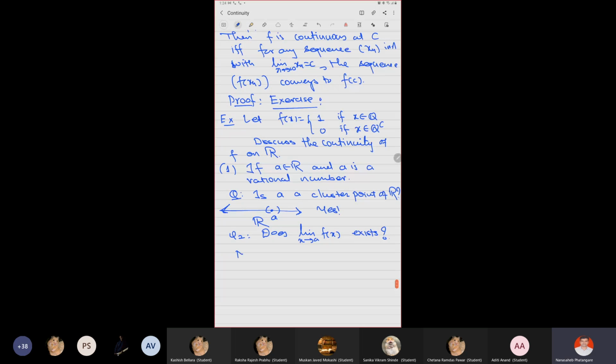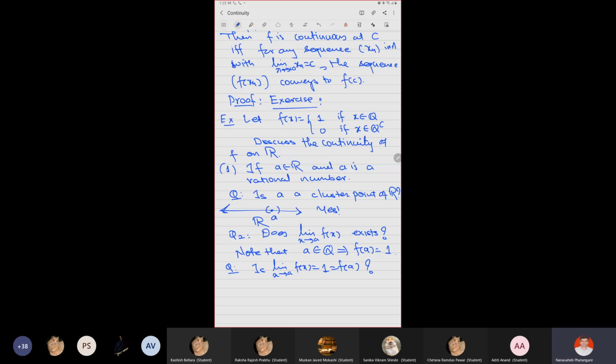So note that a is rational. Therefore, what is f of a? What is the value of the function at a? 1. Now, the question is, is the limit as x tends to a of f of x equal to 1, which is f of a?